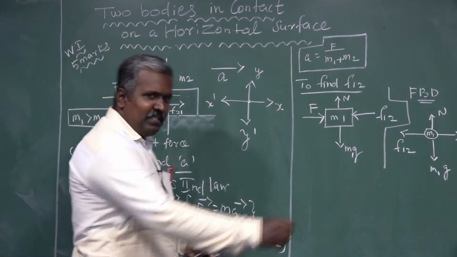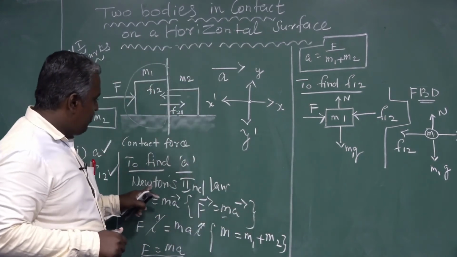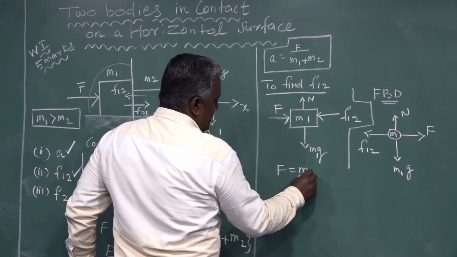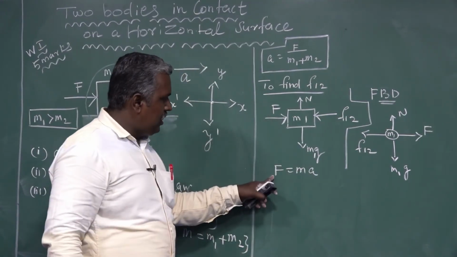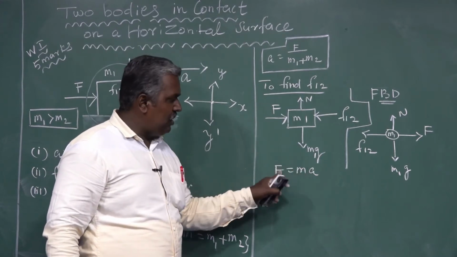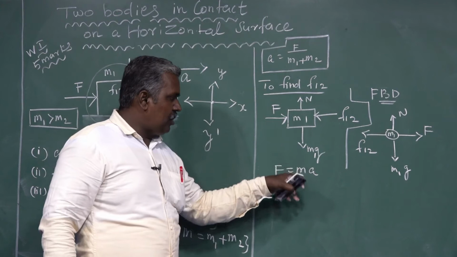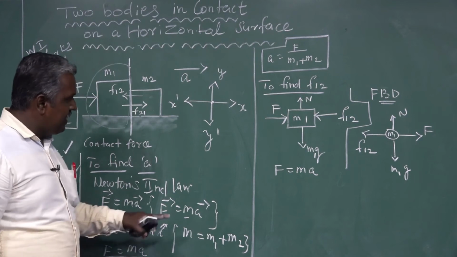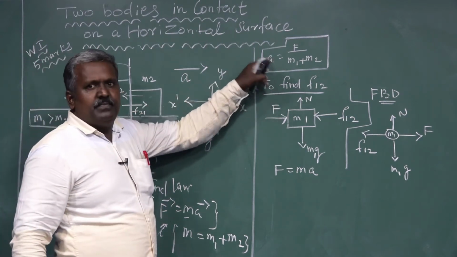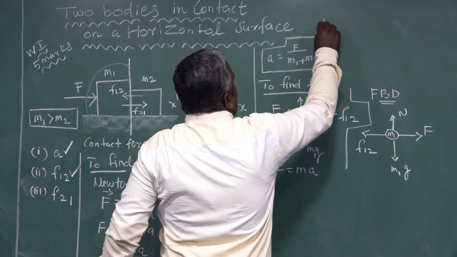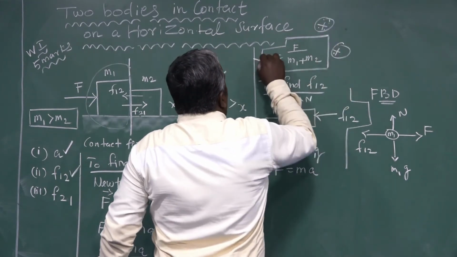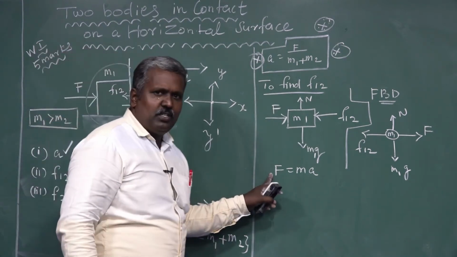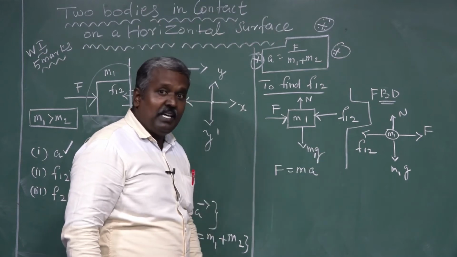So again we must apply Newton's second law. By Newton's second law, F is equal to ma. Don't forget this: total force, total mass, total acceleration. Total acceleration already calculated. Very important. Listen, total force. How many forces are acting on the mass M1? Two forces.